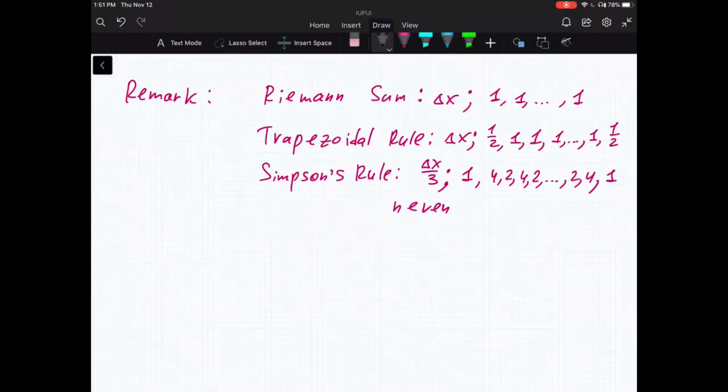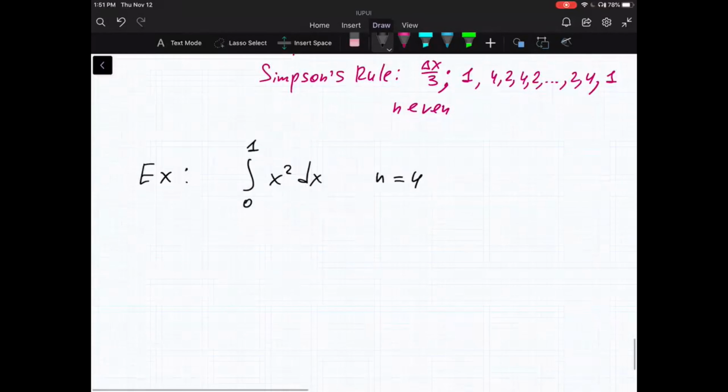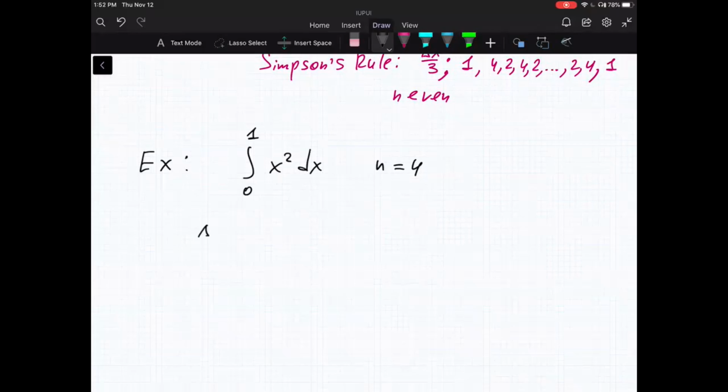And let's do one example. So let's approximate the following integral from 0 to 1 of x squared dx. Say n is equal to 4. Our delta x is 1 minus 0 divided by 4, so it's 1 over 4.